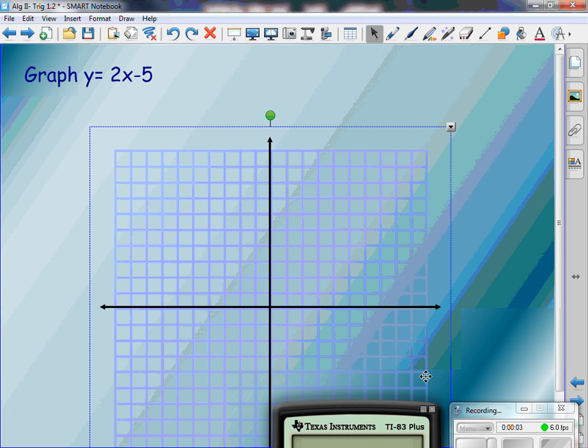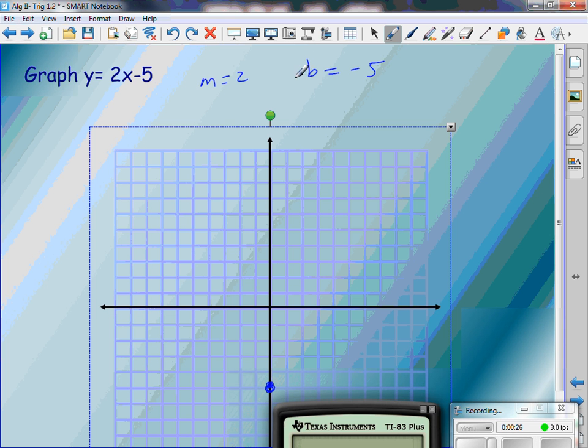Yesterday we ended off class graphing y equals 2x minus 5. When we graph when it's in slope-intercept form, you need to worry about the slope is 2, the y-intercept was negative 5. And if you remember to graph, we started 1, 2, 3, 4, 5 down.